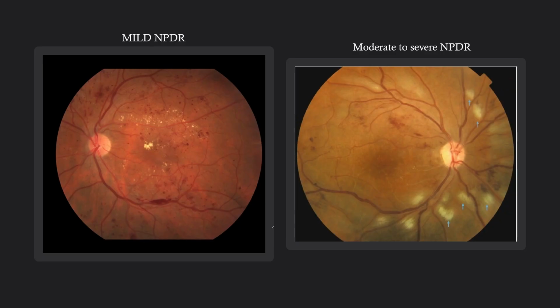Now let's quickly compare between them. So these over here on the right side are known as the cotton wool spots and these are known as the hard exudates. Okay, these are the hard exudates. And also keep in mind, they were previously called soft exudates, but they are not exudates, okay?